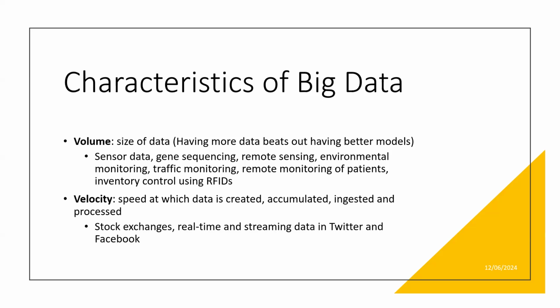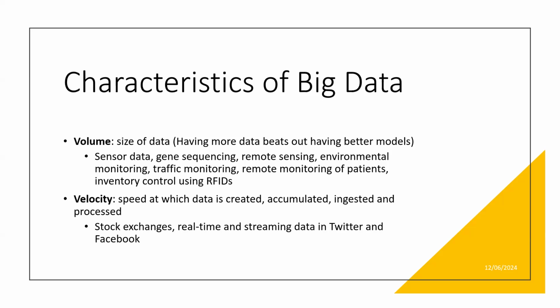The second one is the velocity, which means the speed at which the data is created. If you look at places like YouTube, Facebook, Instagram and Twitter X, they generate a huge amount of data. The speed we couldn't control and we couldn't store ourselves, like in person, for example.